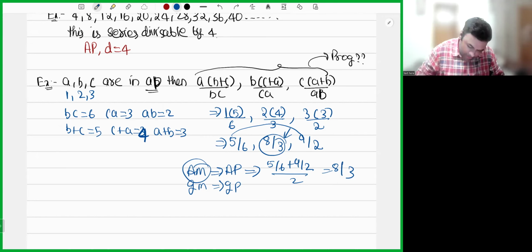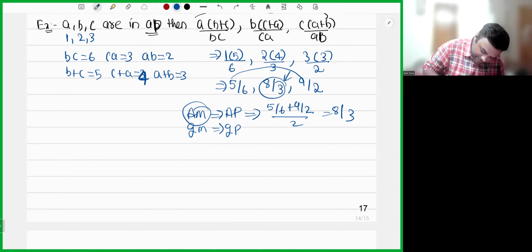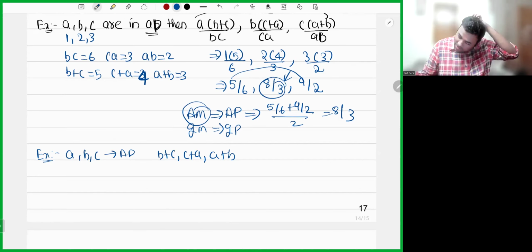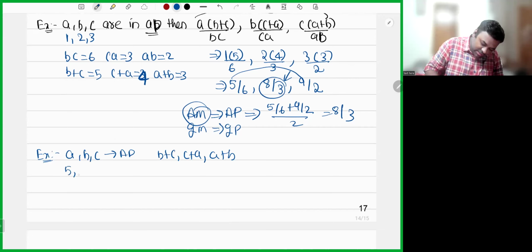One more example. I am telling A, B, C are in AP. What about B plus C, C plus A, and A plus B? You can take anything which is in AP, not only 1, 2, 3. Let's take 5, 7, 9. They are in AP. What is B plus C? 9 plus 7, 16.